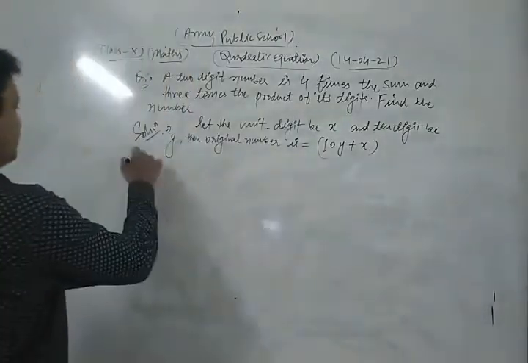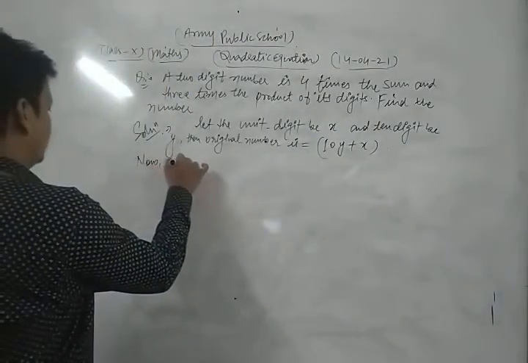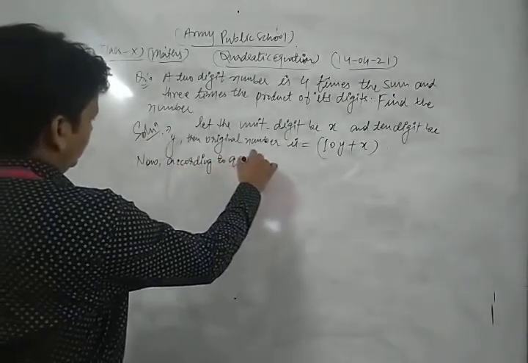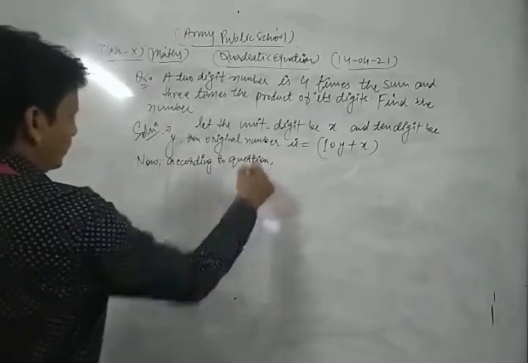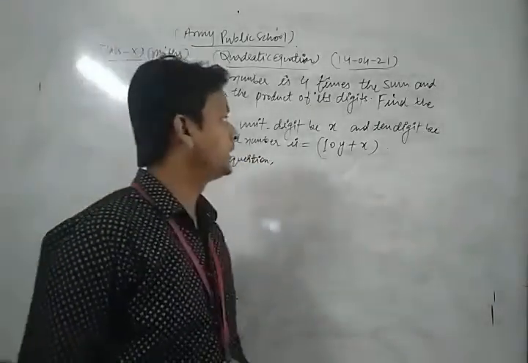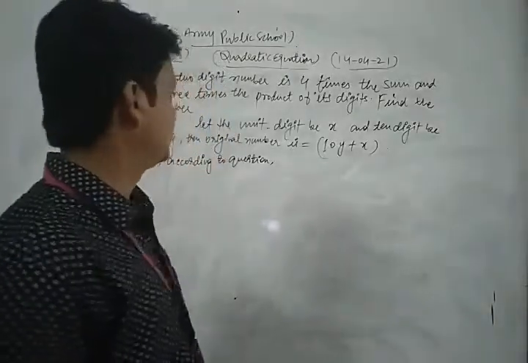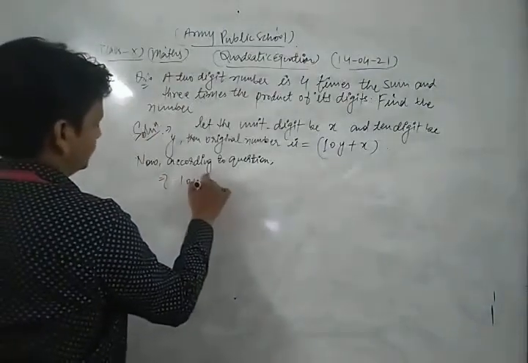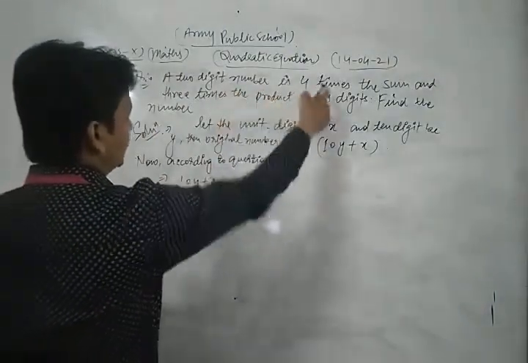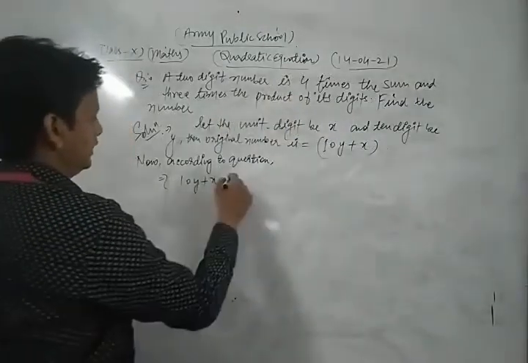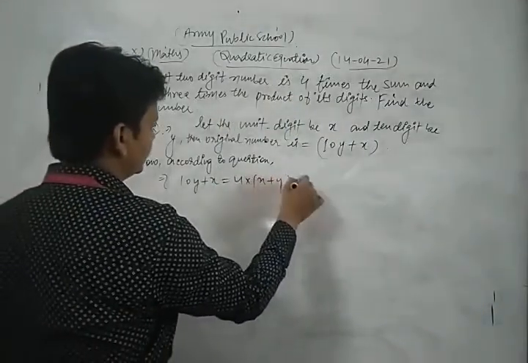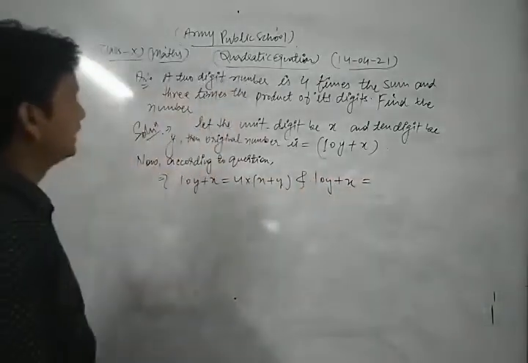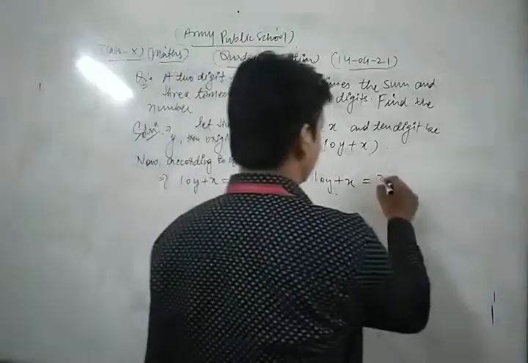Now according to the question, a two-digit number is 4 times the sum and 3 times the product of its digits, which means the number is 4 times the sum of its digits, and also the number is 3 times the product of its digits, means 3xy.